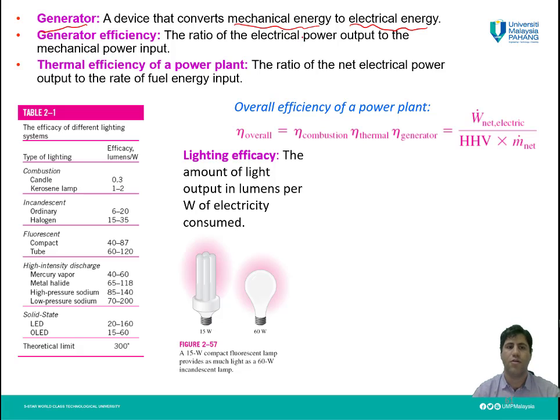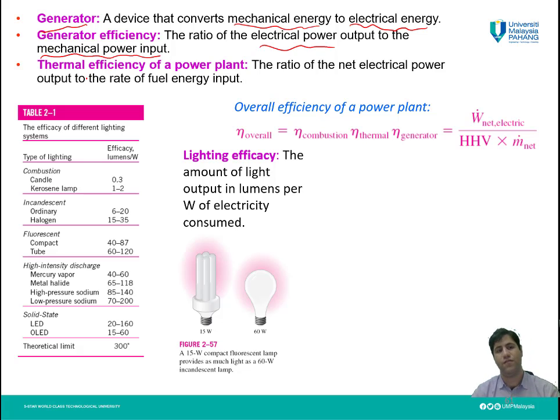You may know about that. So we can also calculate the generator efficiency, which is the ratio of the electrical power output to the mechanical power input. The ratio of these two we call the generator efficiency.